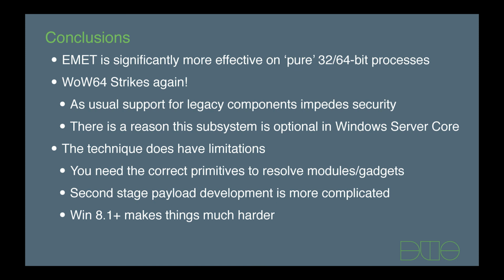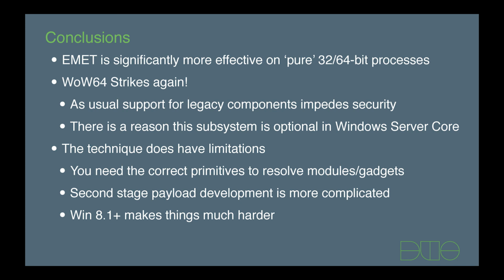So, in conclusion, EMET is significantly more effective on pure 32 or 64-bit processes. I don't want to play it down. If you're not using it, you probably should. It'll break some off-the-shelf stuff, but it works far better if it's protecting pure 32 or 64-bit processes. WOW64 processes, less effective. And WOW64 strikes again.